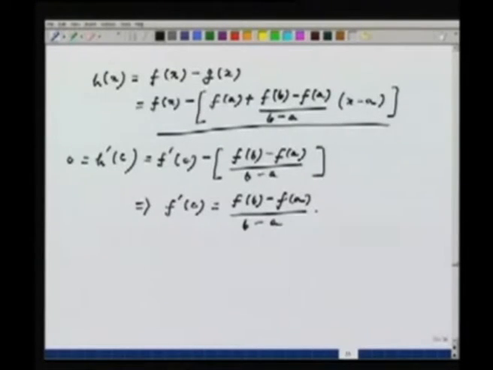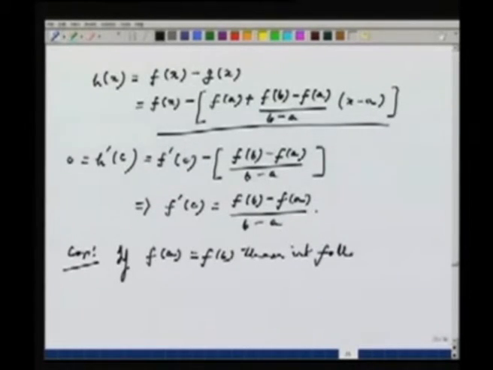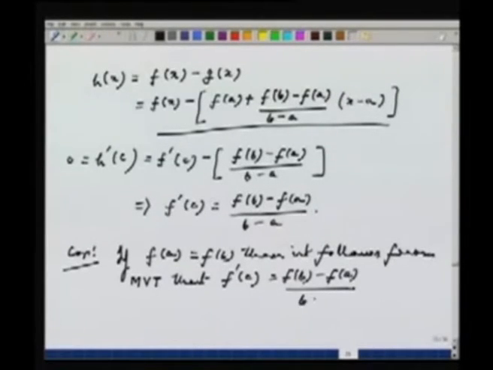Now I said that this is a generalization of Rolle's theorem. It is actually in the following sense. If f(a) is equal to f(b), then it follows from the mean value theorem, which I will denote by MVT, that f prime c equals (f(b) minus f(a)) by (b minus a) is equal to 0, which is Rolle's theorem.